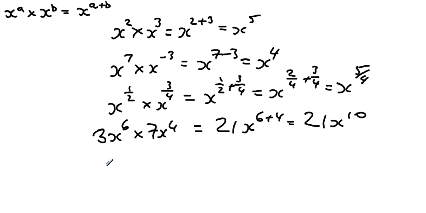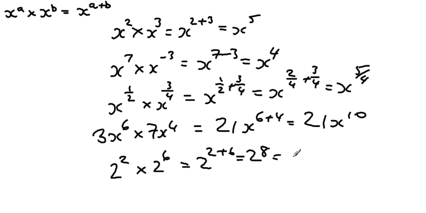Okay, if the base is a number instead of x, say something like 2 squared, and we were multiplying that by 2 to the power 6, then that would just give us 2 to the power 2 plus 6, to the power 8, and if you go through then that would be 2, 4, 8, 16, 32, 64, 128, 256.